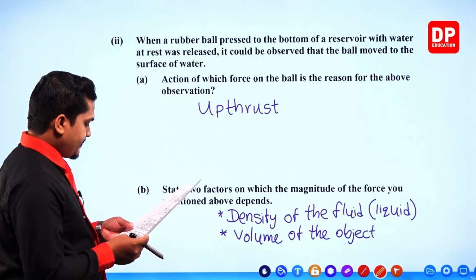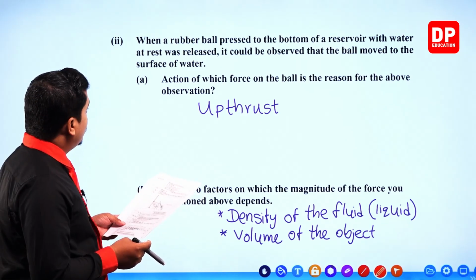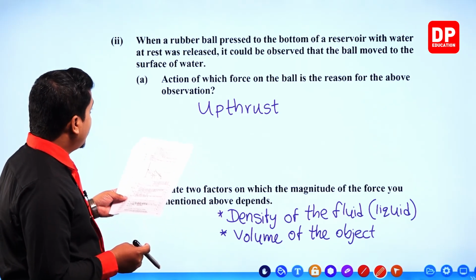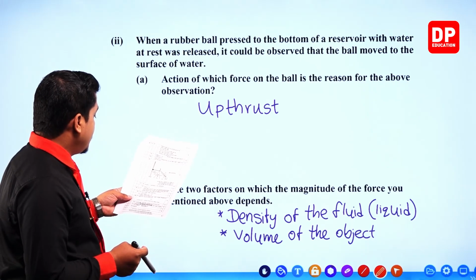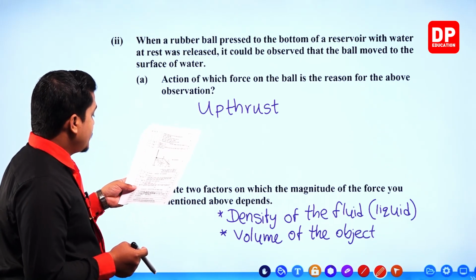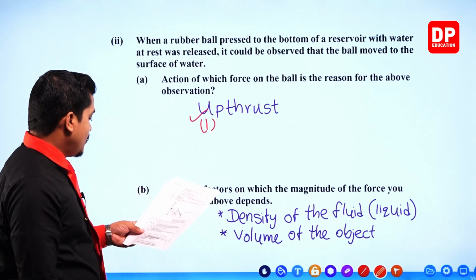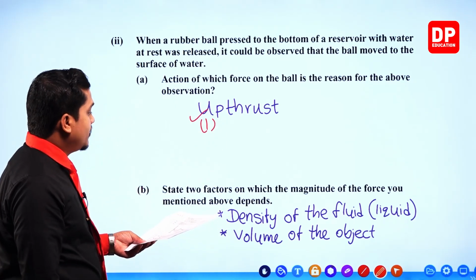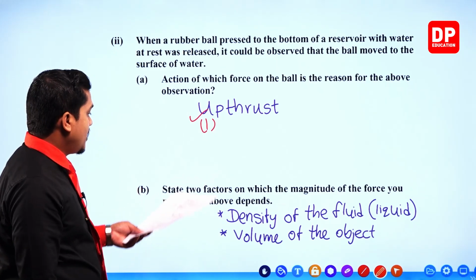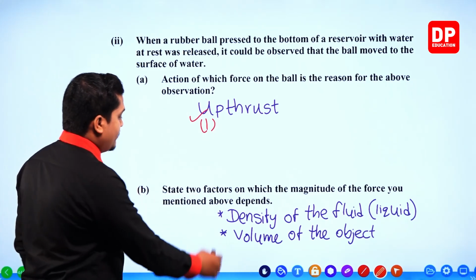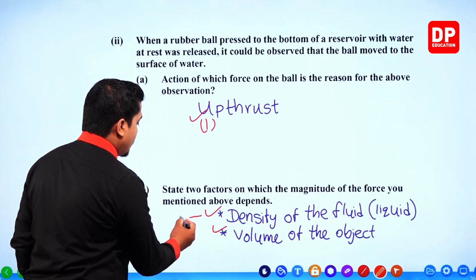Next one. For the second one, right, for writing down the answer as upthrust, they have given 1 mark. Then for writing down 2 factors which the upthrust depends on, they have given 2 marks separately, 1 each.